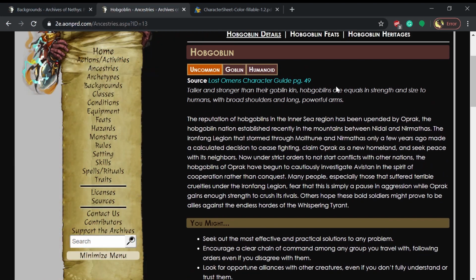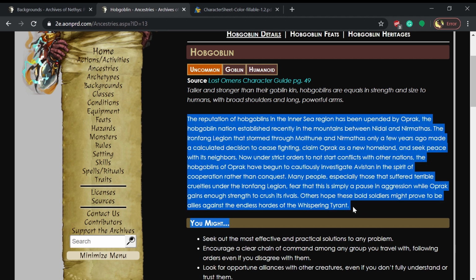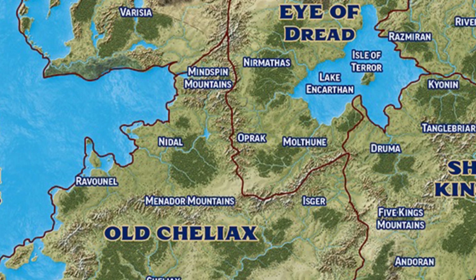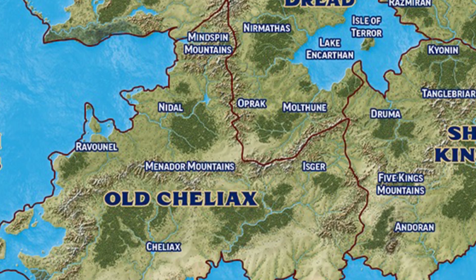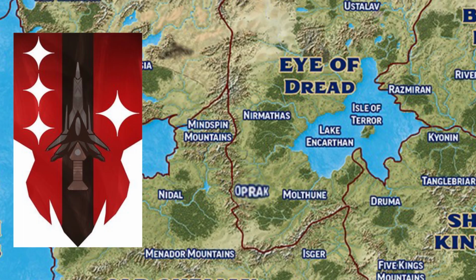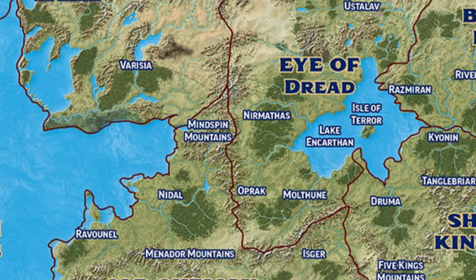Taller and stronger than goblinkin, hobgoblins are equal in strength and size to humans, with broad shoulders and long, powerful arms. Something that inspired me here, you don't have to use it, I just want to tell you. The reputation of hobgoblins in the Inner Sea region has been upended by Oprak, the hobgoblin nation established recently in the mountains between Nidal and Nirmathas.